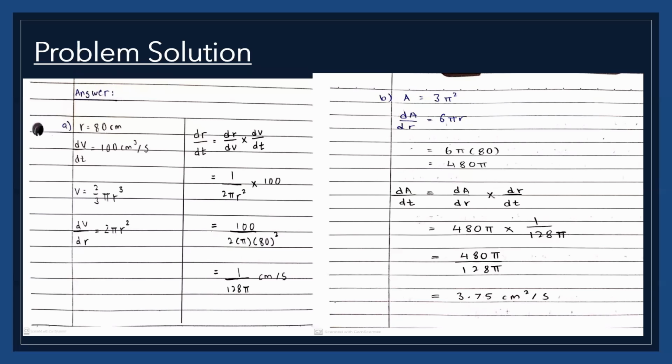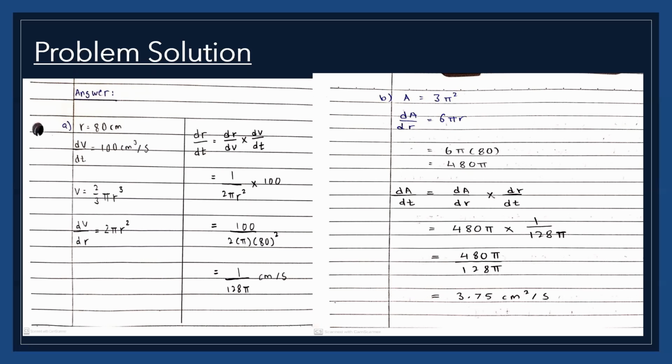For our problem solution, to find the answer for question A, that is how fast the radius of the tank changes, we need to find the information first.